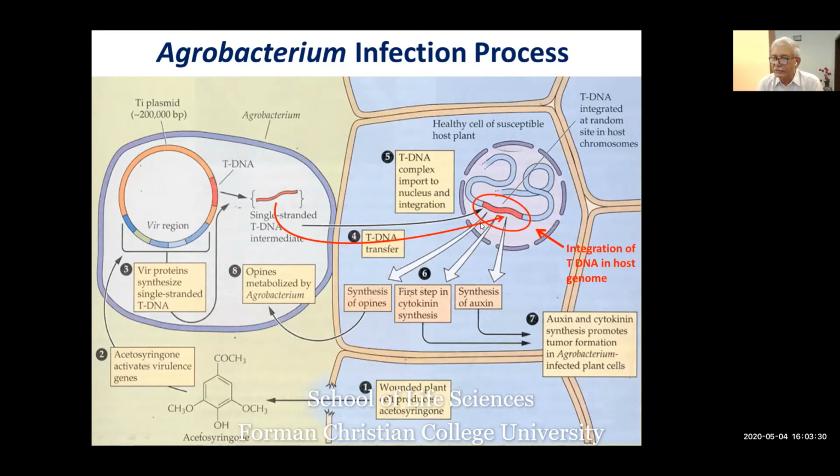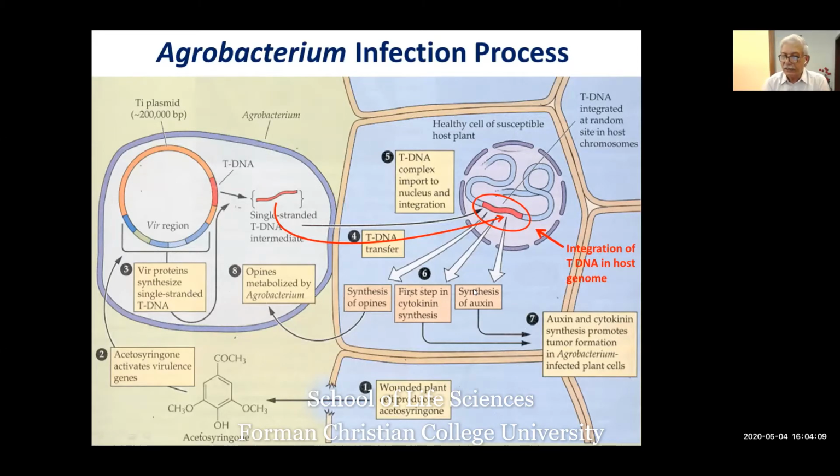Upon integration, if this is a natural Ti plasmid, this fragment will start expressing the genes involved in synthesis of the opines and the genes involved in cytokinin and auxin hormone production. And these two hormones result in the formation of a tumor on the plant cells, which is usually known as crown gall.